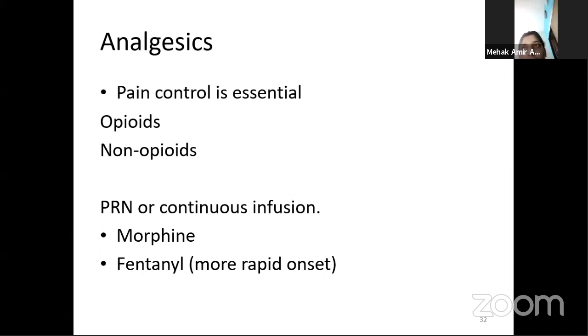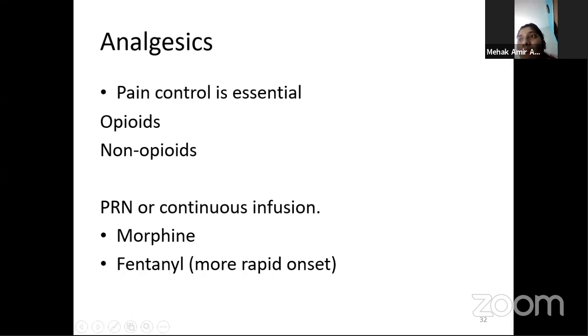So now, analgesics. Analgesics are used to control pain, because pain is important to take care of, as you have to do nursing care. Pain could inhibit your nursing care, so you need to take care of the pain. There are two options, opioids and non-opioids.